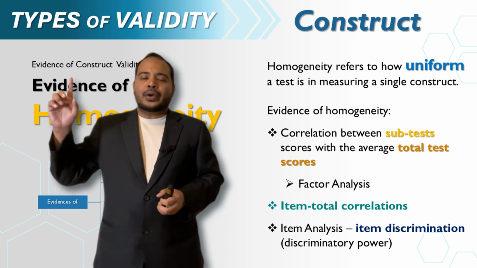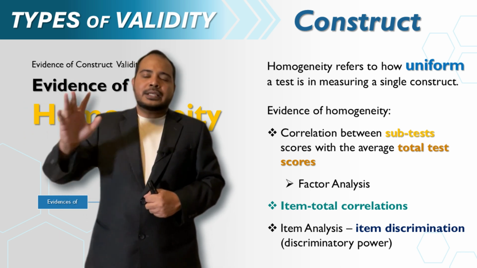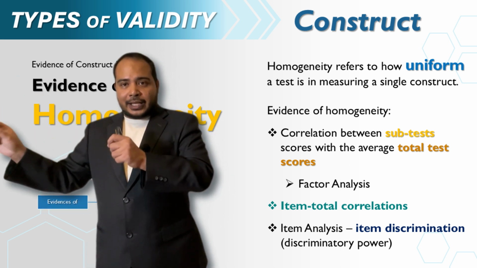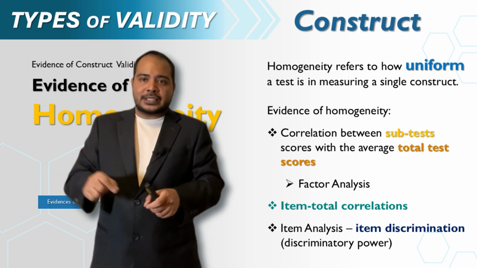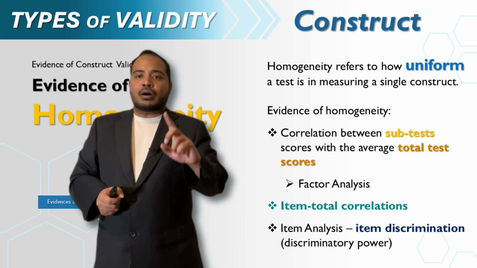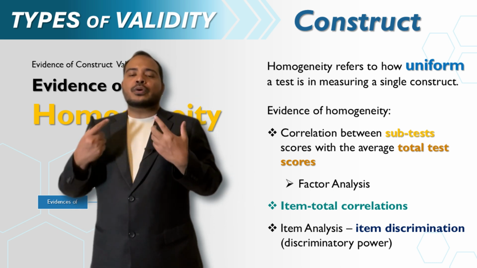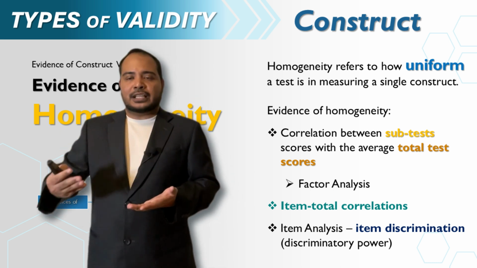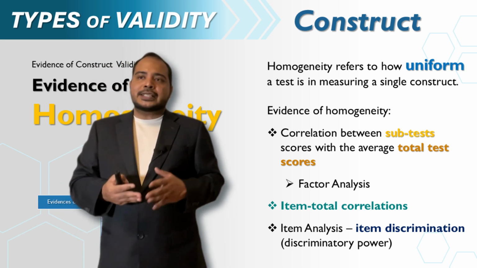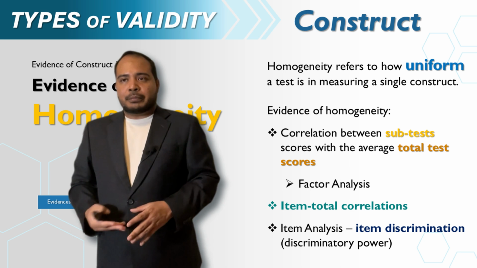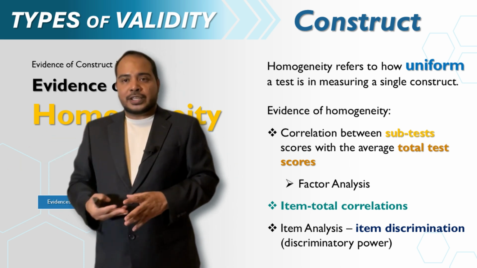Here, you take the average of the scores for the three subtests and correlate it with the score of a subtest, for example component A. We should find a positive significant correlation. This indicates that our test may be unidimensional, may be homogeneous in nature.